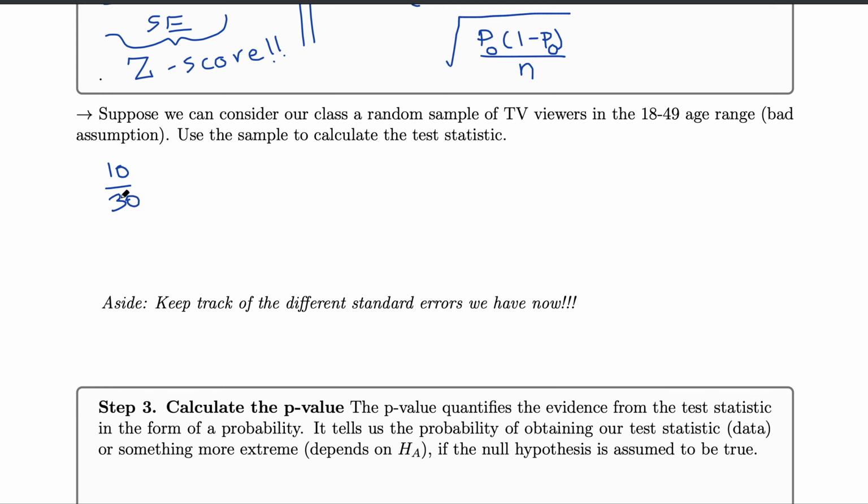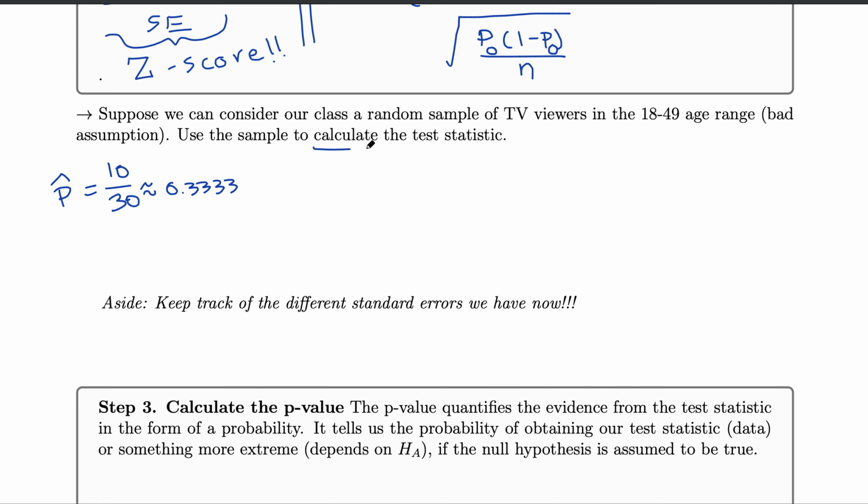We only have 29 people in the class, so I'm the 30th answering yes, I watch it. All right, so this would be my data or my evidence. That's my p hat that I've calculated. So about 33%. Remember, we're going to be rounding everything to 4 places to keep things consistent.